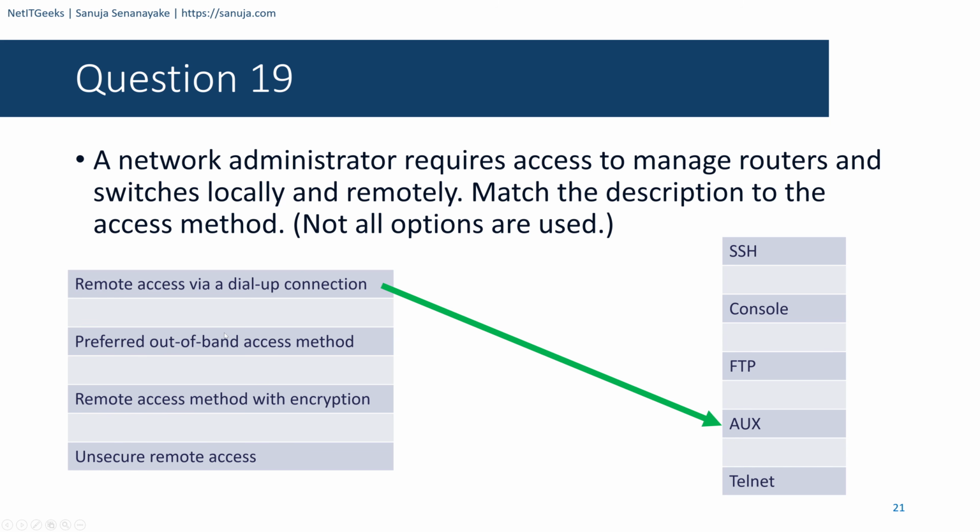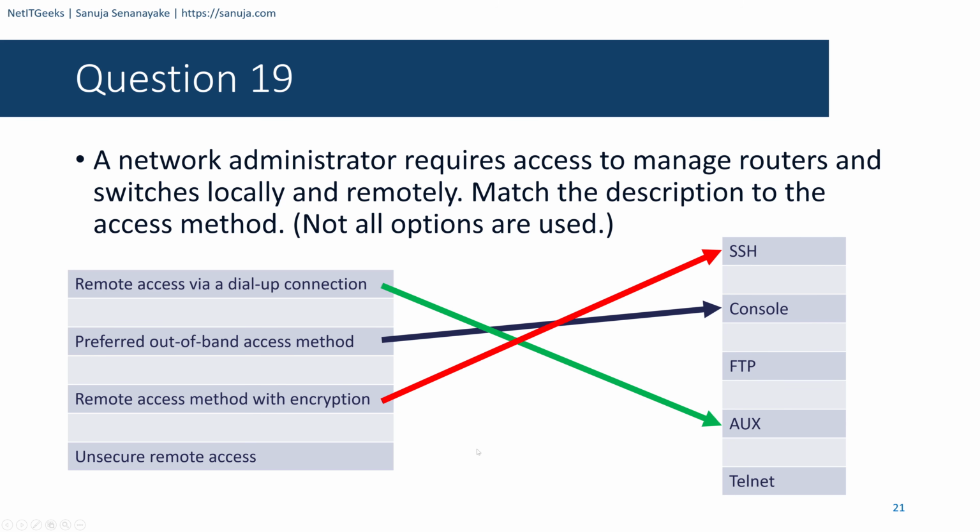That means the router or the switch is having trouble doing packet switching and so on, so basically it's going to be console. Remote access method via encryption: the only one in here that by definition contains encryption is SSH, so that's the answer to that one.